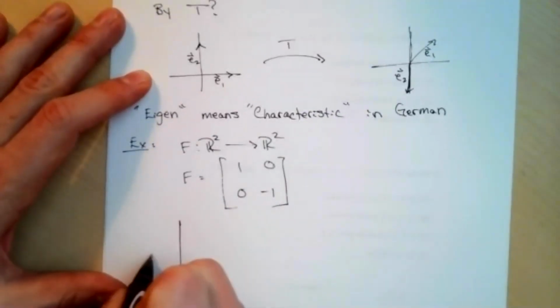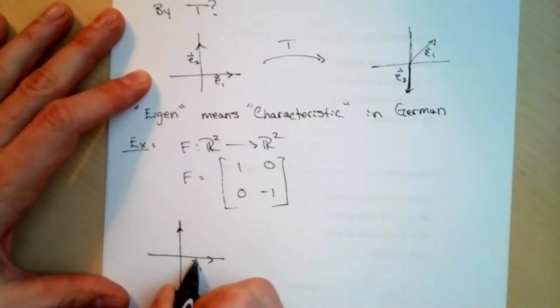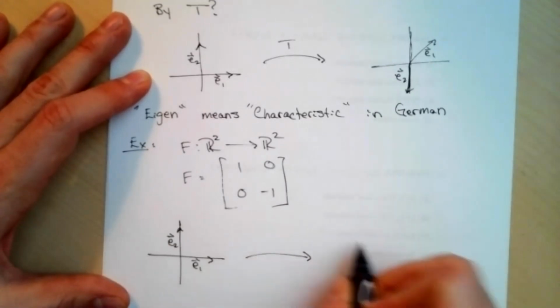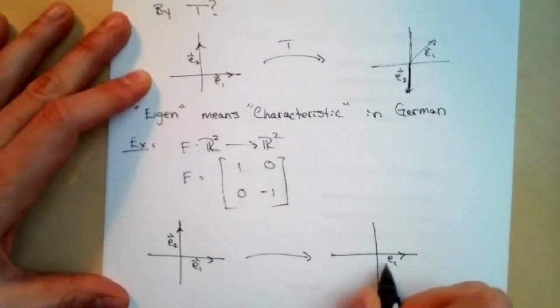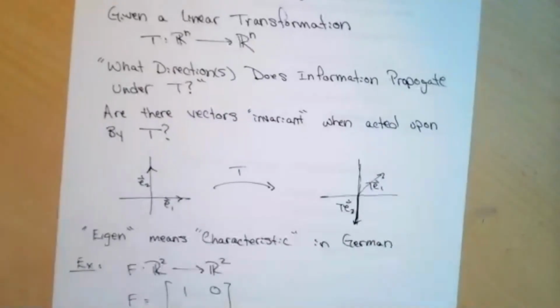This guy is taking our standard basis elements, E1 and E2, and it's changing them to E1 and, well, now negative E2. I'm sorry, so up here, this should be the image, T of E1 and T of E2.